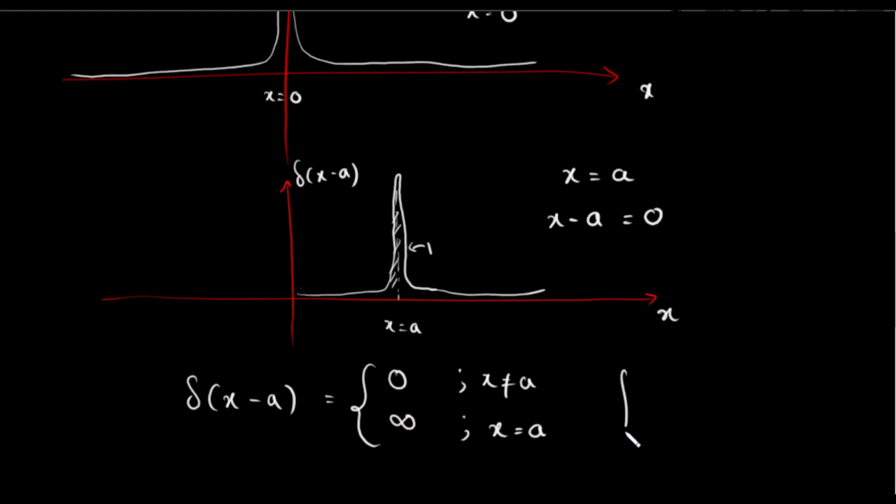That means if you integrate from minus infinity to plus infinity, the delta function is delta x minus a dx, and this is going to be equal to 1.